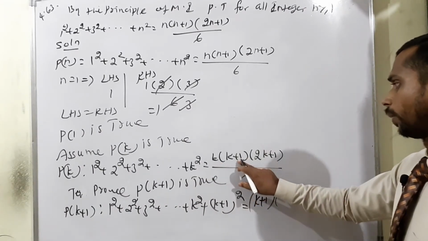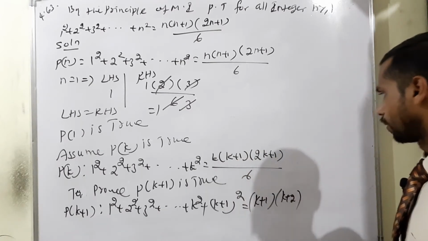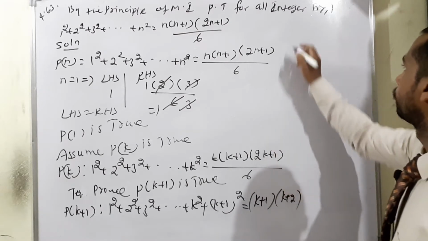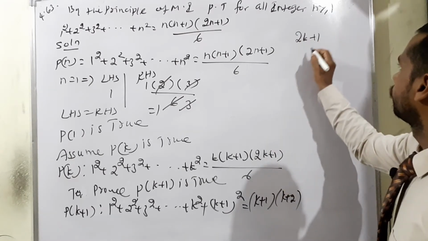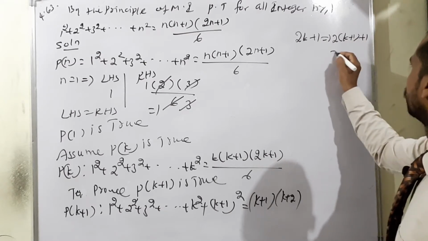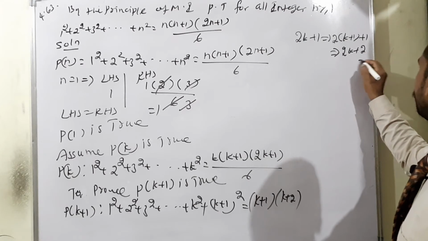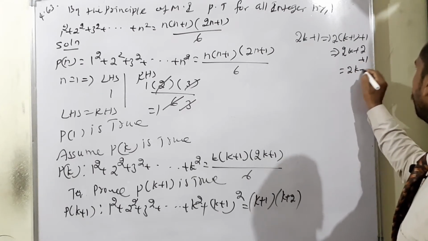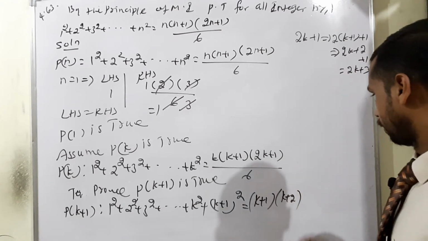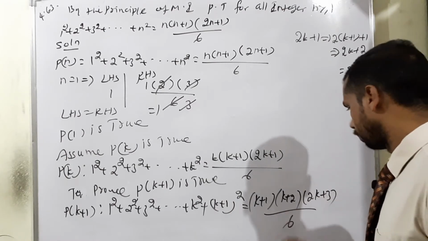Again already plus 1 is there, so plus 1 is equal to plus 2. We can write it k plus 2. Next, look at that, 2k plus 1, isn't it? So 2k plus 1 means 2 into k plus 1 plus 1, 2k plus 2 plus 1, therefore 2k plus 3, isn't it? So we can write k plus 1 into k plus 2 into 2k plus 3 the whole term divided by 6.